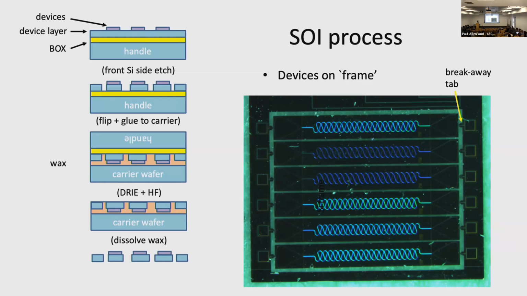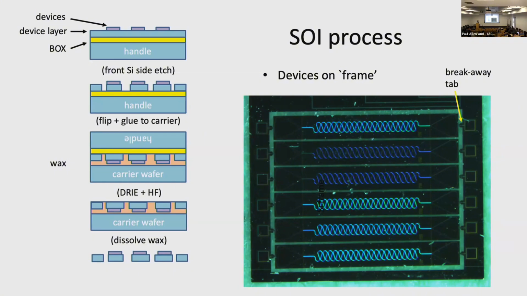The way that we're making these devices on thin chips is using what we call an SOI process, which is borrowed from work on mixers. So we use a silicon on insulator wafer, which has a thin layer of crystalline silicon on a silicon dioxide layer on top of a thicker handle wafer.